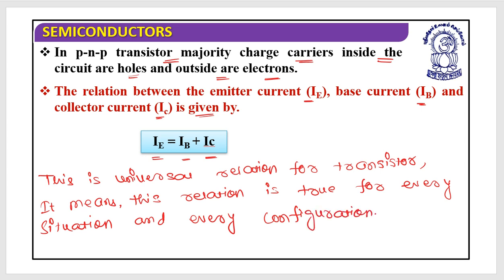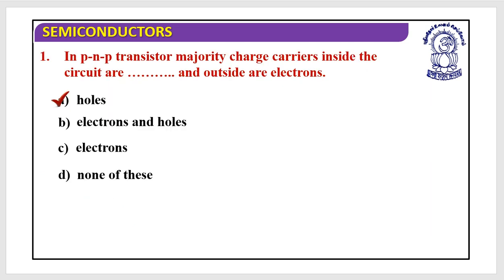You can always use this, irrespective of the configuration or the biasing and all of that. Whenever a transistor is there, you can use it. It is as simple as that: IE equals IB plus IC. Please note this. Have you noted this? Did you note this? Are you sure? Great. So let's look at the questions.